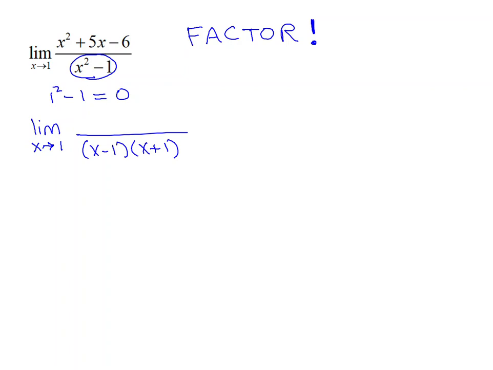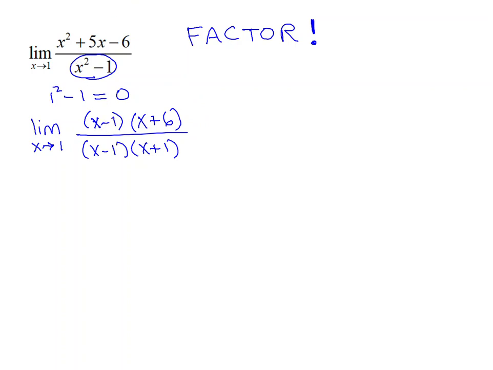In the numerator, I notice negative 6 is the constant, so I think to myself what multiplies to make negative 6 but adds up to positive 5, and I've got it. The factors are x minus 1 and x plus 6, because 6 times negative 1 is negative 6, and 6 minus 1 is 5.